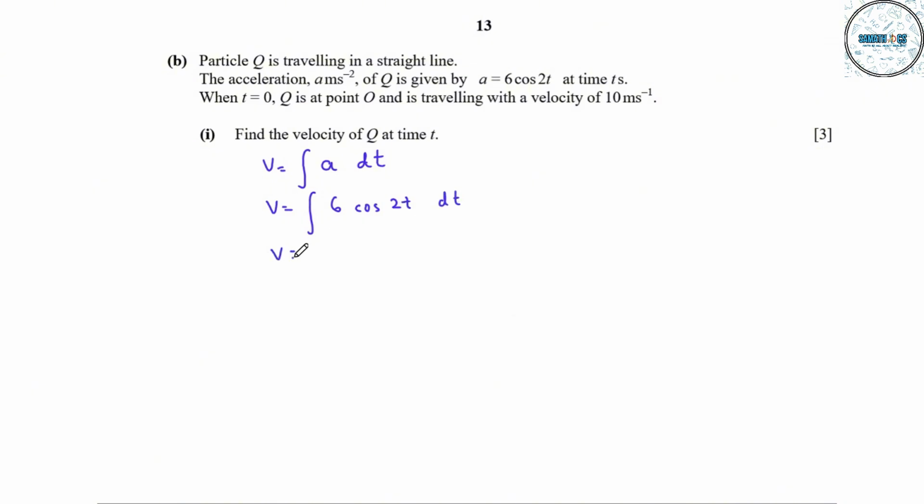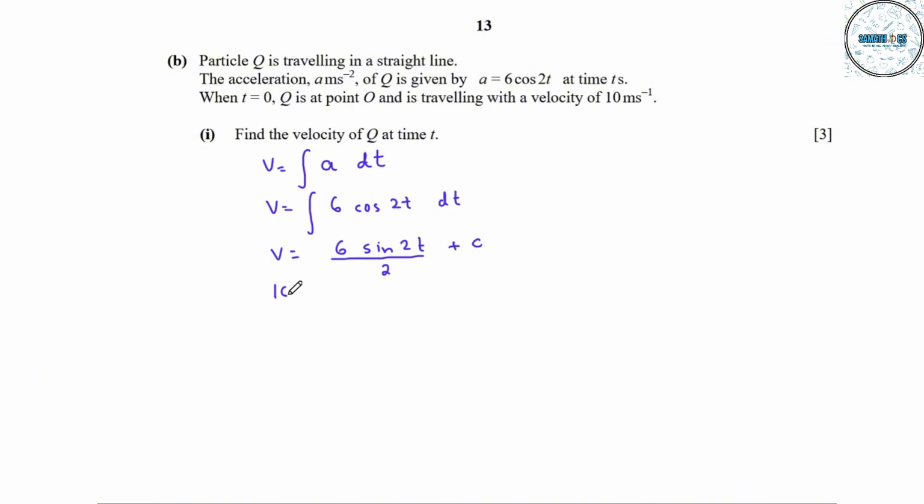Then we will integrate this. We will get 6 sine 2t, and it is to be divided by 2 plus c.